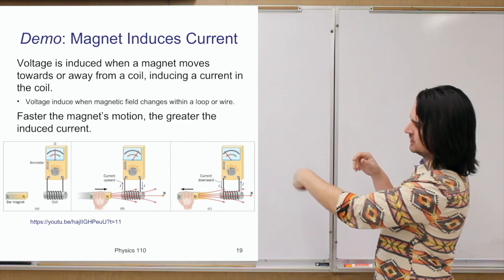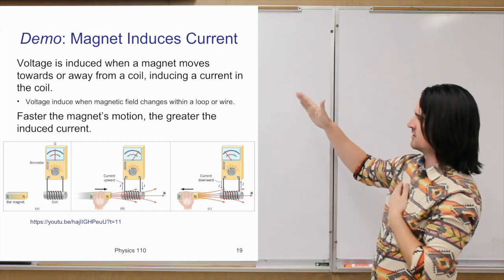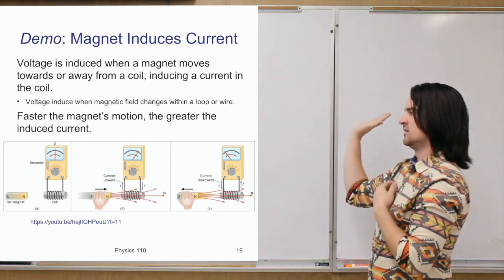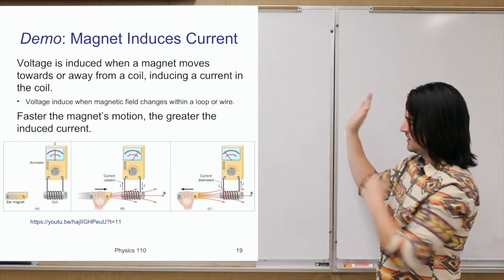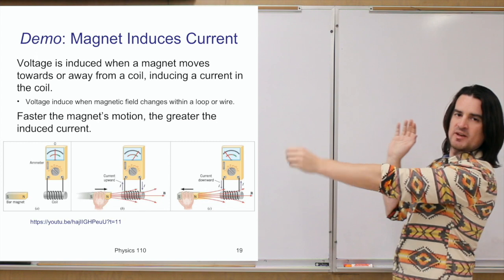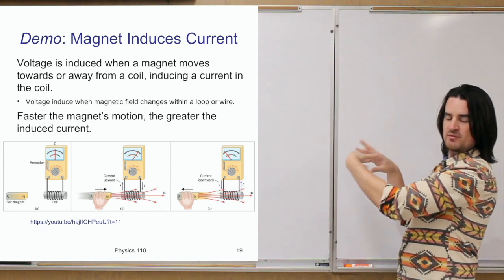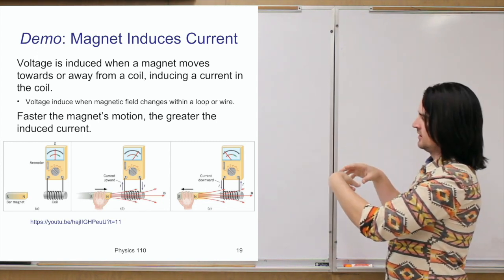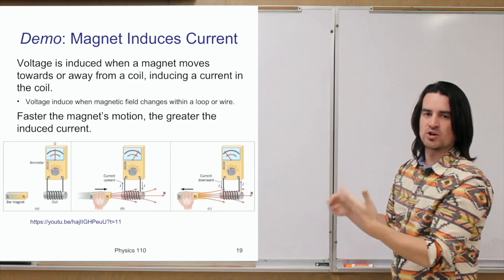It will flow around the loop in a certain direction, and the ammeter will show the current flowing in a certain direction. If I then take that bar magnet and pull it away, I've again changed the magnetic field through that loop. I've reduced the amount of magnetic field through that loop, and I will induce a current to flow.